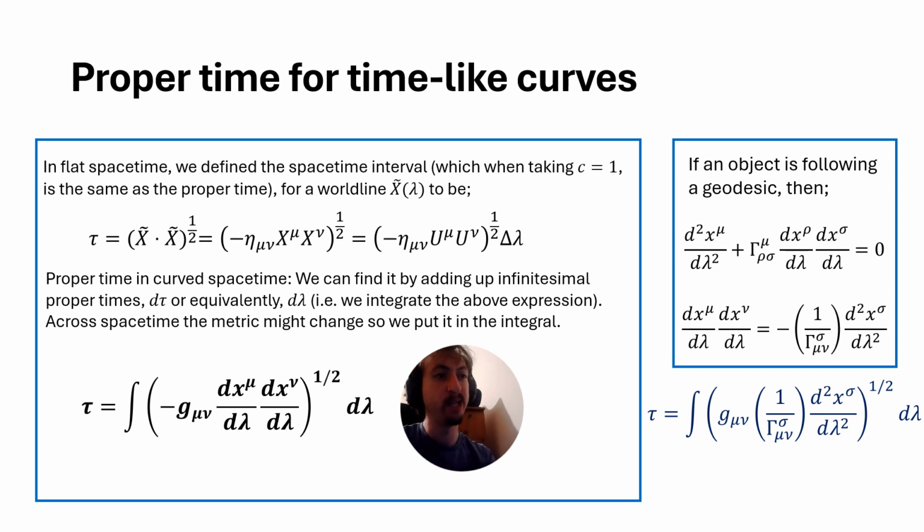Now, a cool thing with this blue equation is it's got the metric in, it's got our Christoffel symbols in, and it's got our acceleration in, saying that proper time will relate to all these three things, which I think is pretty cool. Saying proper time will relate to the manifold, the curvature of the manifold, and acceleration.